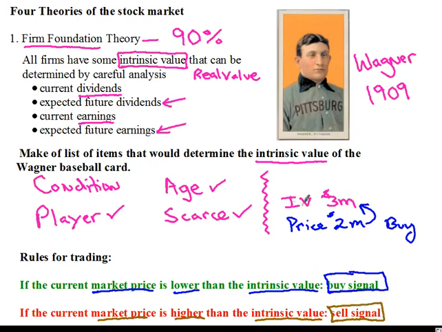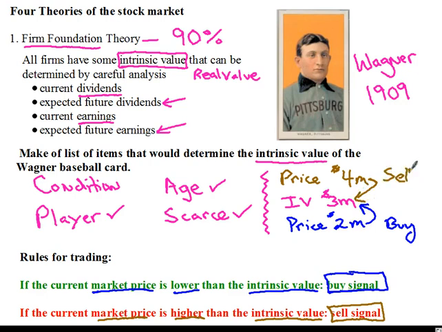So, for example, if the current market price of the Honus Wagner baseball card is $4 million and I own it, and I believe that the card is really only worth $3 million, I believe that the market price is eventually going to come back down here to the intrinsic value, then that is a sell signal.